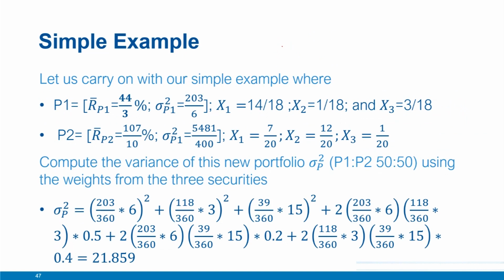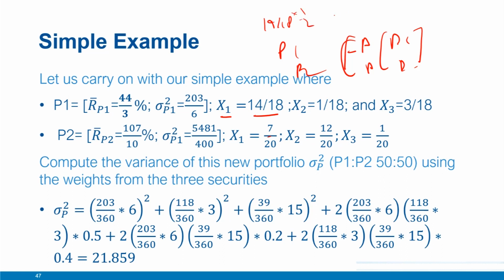Because P1 itself is made of A, B and C and P2 is also made of A, B and C, the 50-50% weight would essentially mean 50% of this, 50% of this and 50% of this. That is, if I have X1 invested 14 by 18 weight in P1 and 7 by 20 in P2, then the weight of A in the 50-50 of P1 P2 would be 14 by 18 into 1 by 2 plus 7 by 20 into 1 by 2.